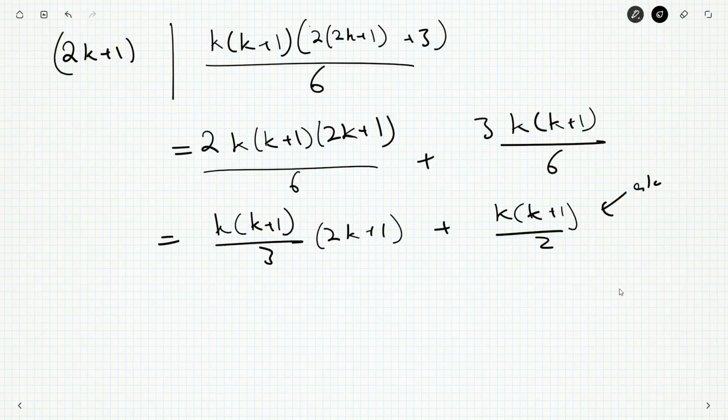This is always an integer, because either k or k plus 1 is even. If k is odd, then k plus 1 is even. If k is even, then k is even. All right, so we always get an integer here. And so that tells me that this should always be an integer as well.